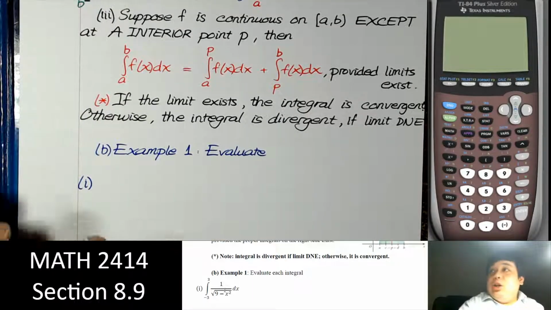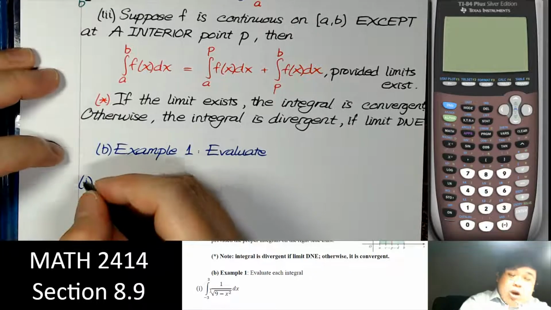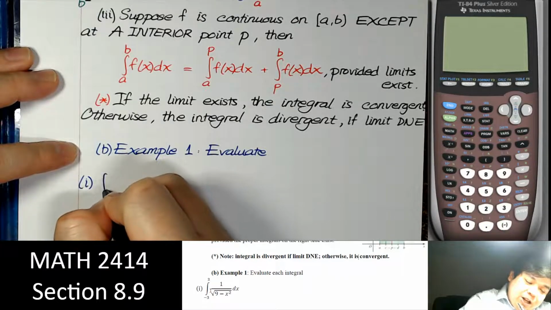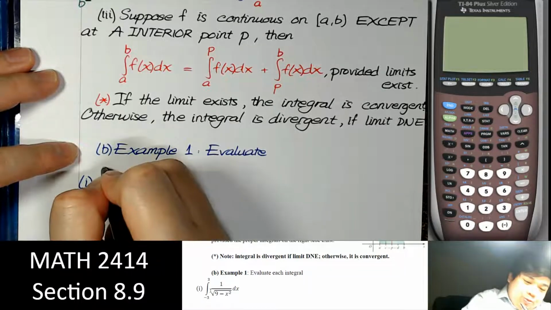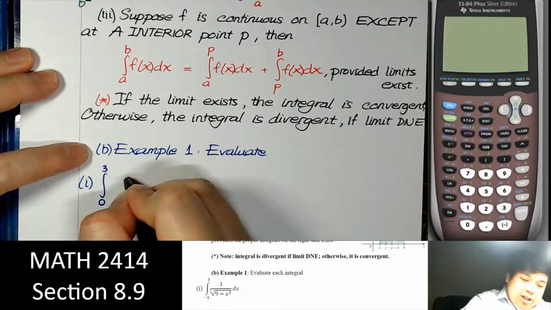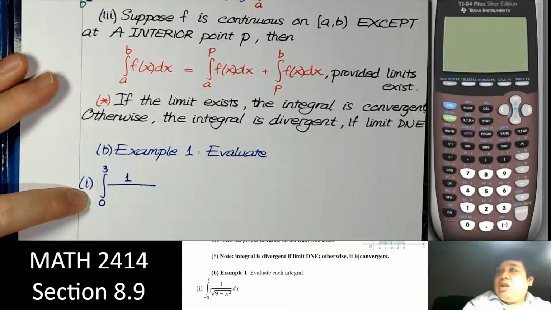Let's make things a little bit easier, change one of the limits to 0, so we don't have to complicate things. Go from 0 instead.